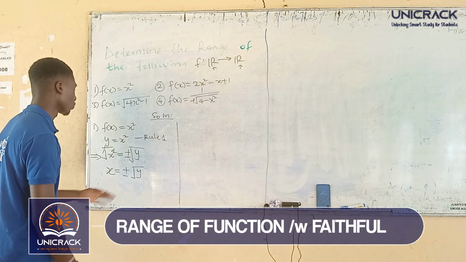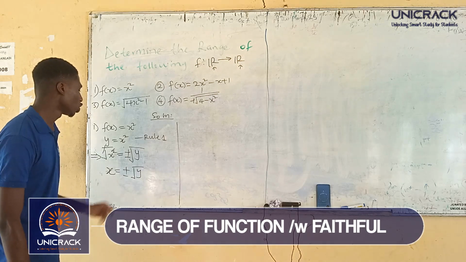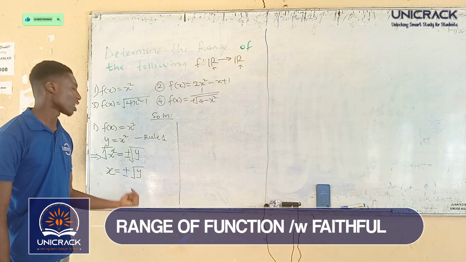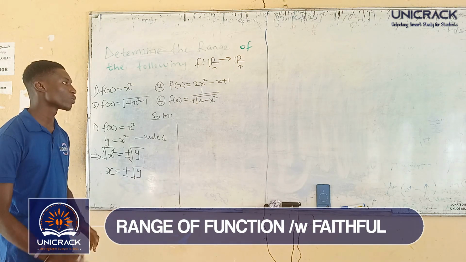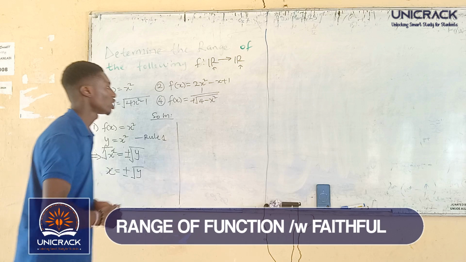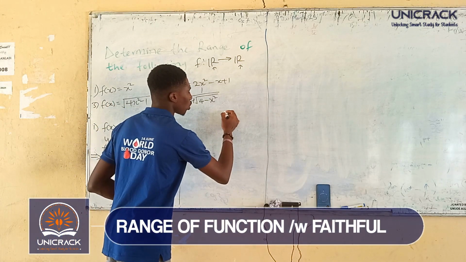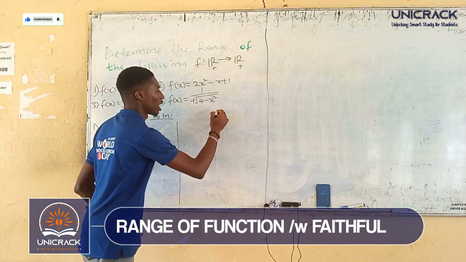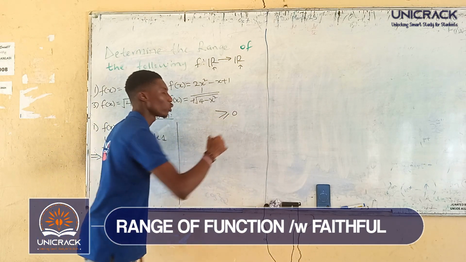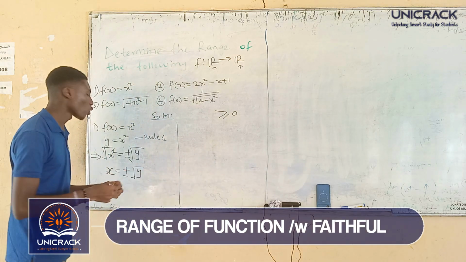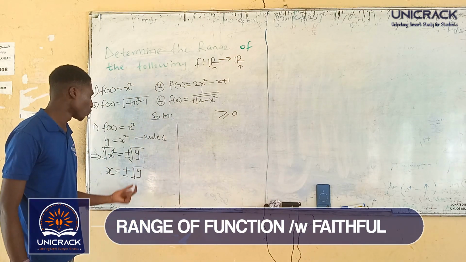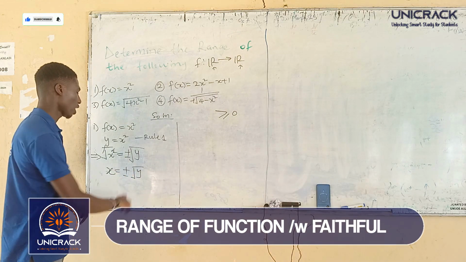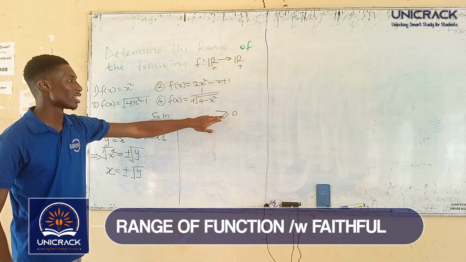produces. Now, since we have this, finding the range, we know that this is a radical function. And since it is a radical function, the rule for a radical function means that the value under the root must be greater than or equal to 0. What do we mean by that? If you have your calculator, you can look for the square root of any value that is greater than or equal to 0.